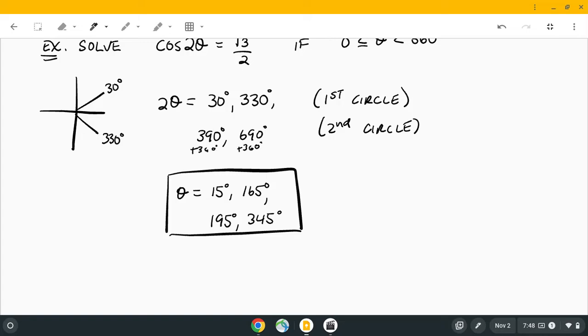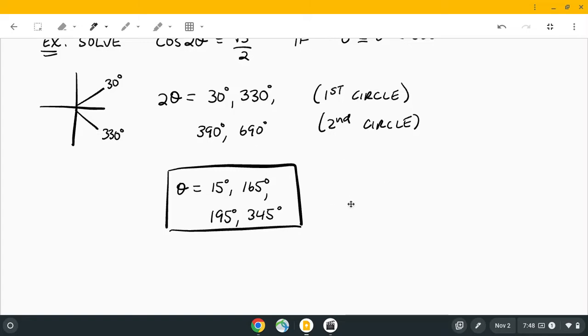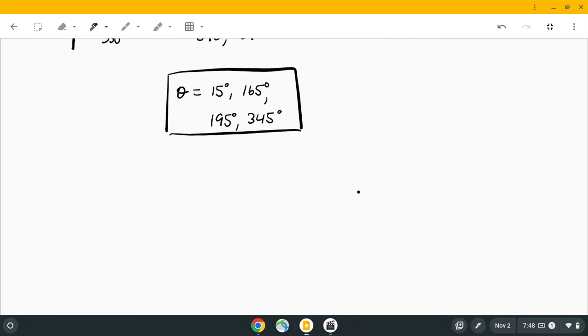But we don't need that, because this is 2. If this were 3, I would need a third circle. If this were 4, then I would need a fourth circle of answers.